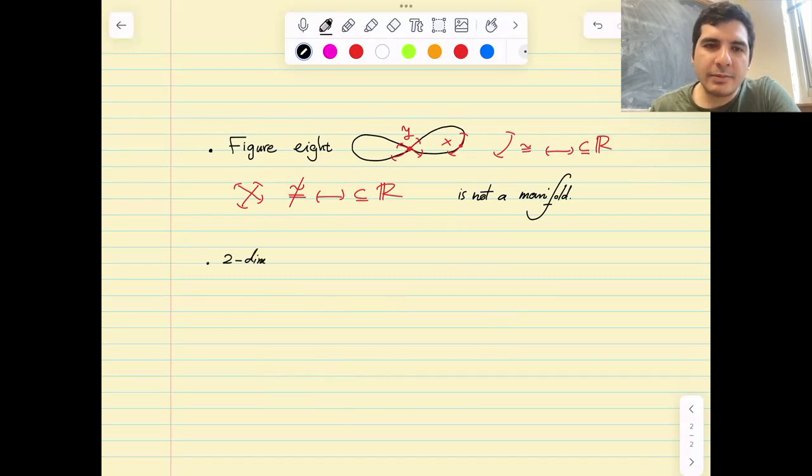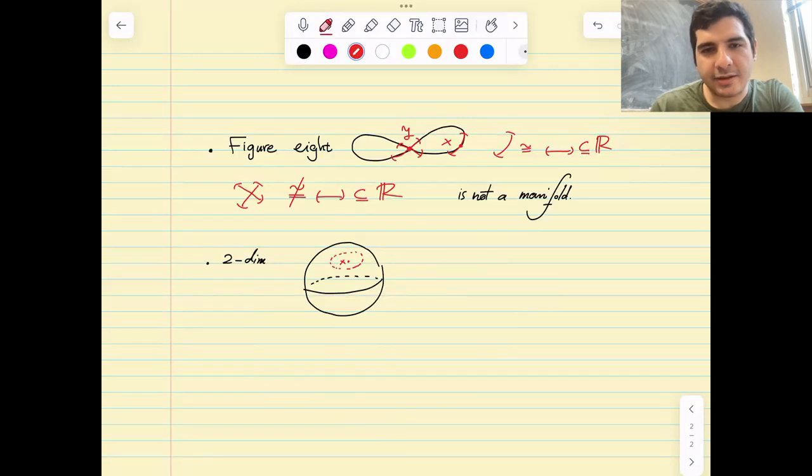Now, let's go one dimension higher and look at two-dimensional examples. Think about the surface of the Earth, just the surface, not the solid object, not the interior, like the surface of a balloon or surface of a ball. This is a two-dimensional manifold.